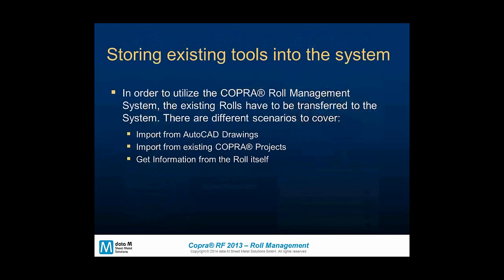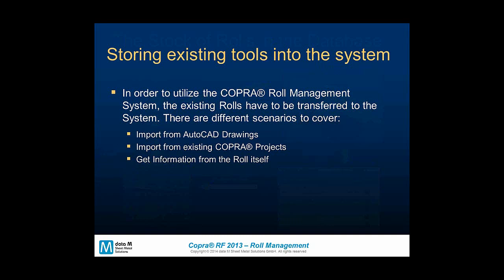So when we consider storing existing tools in the system, the idea is we want to utilize the COPRA roll management system as much as possible. So the existing rolls have to be transferred to the system, and in doing so there are different scenarios to consider. This can be the import of existing AutoCAD drawings, in other words prior to COPRA, or whereby we no longer have a COPRA project available.